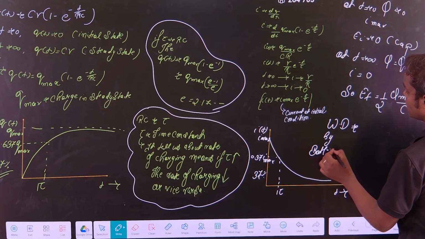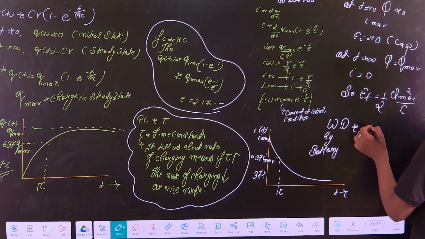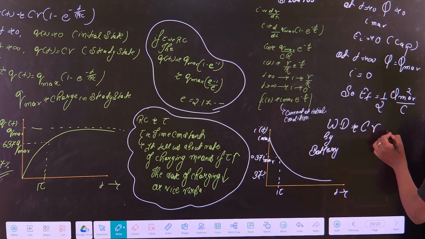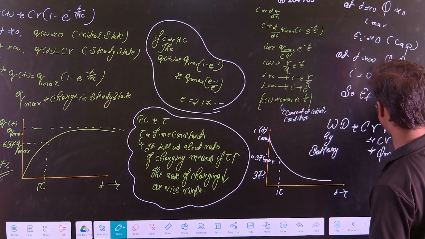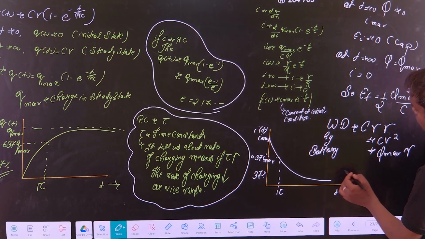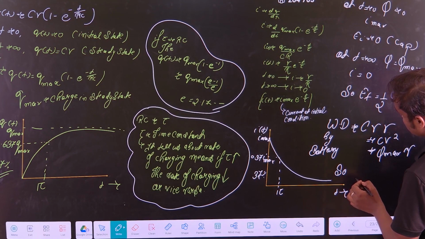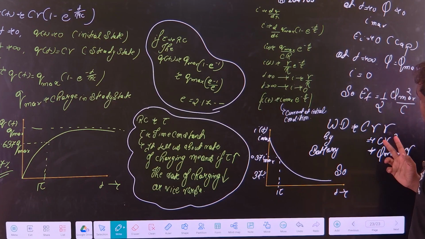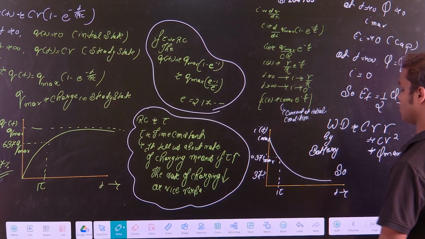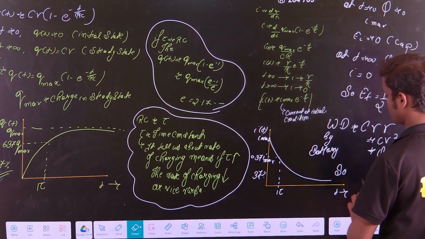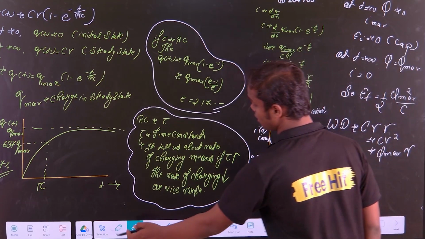See, the charge flown is Q max. Q max is C into V. So the work done is CV square, or you can write it as Q max into V. So half of the energy is transferred to the capacitor, and we have seen that earlier also.